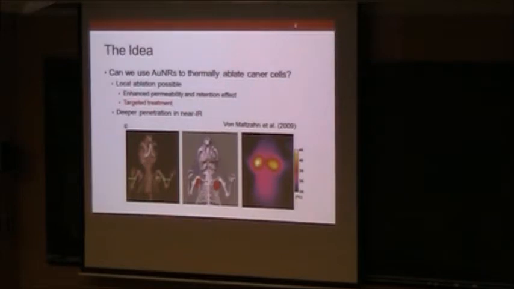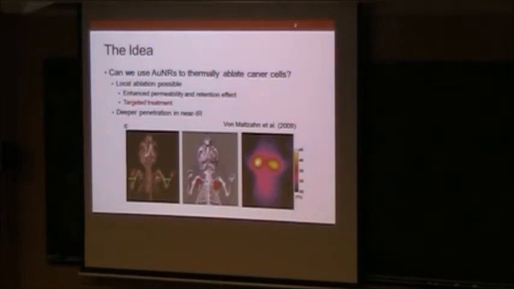One is the enhanced permeability and retention effect. I just recently learned about this: when you have a tumor, it wants to grow a lot faster than your regular cells, so it wants to suck up all the resources, and it has lots of blood vessels around it. So once you deposit gold nanorods, a lot of them would migrate.